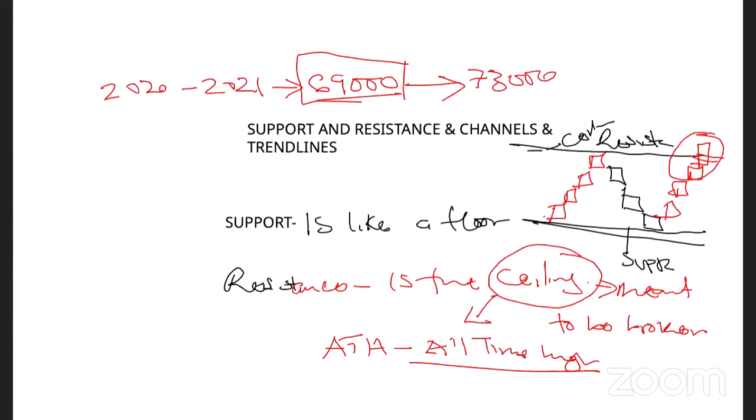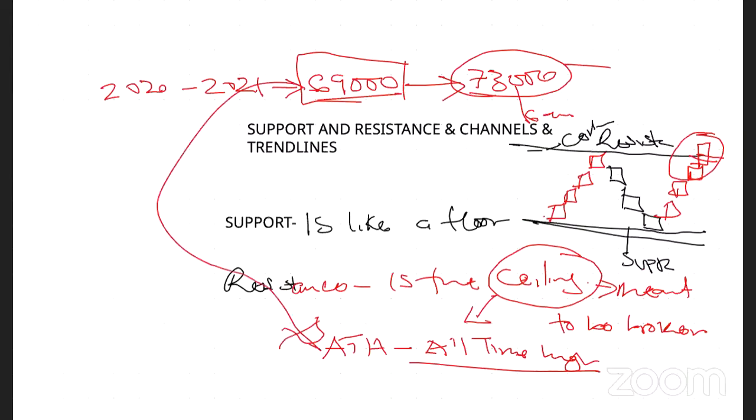But although the market has broken that area, it has so many times come back to $69,000 and below. So this ceiling, where the market comes, touches and then moves down, is resisted. The goal of the market is to break that ceiling, and when it is broken, the market forms an ATH, all-time high.